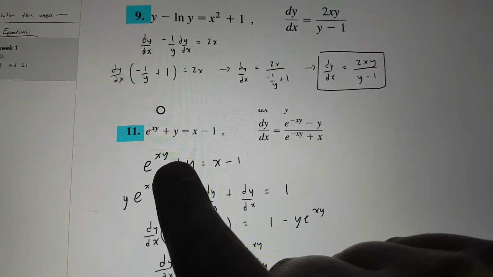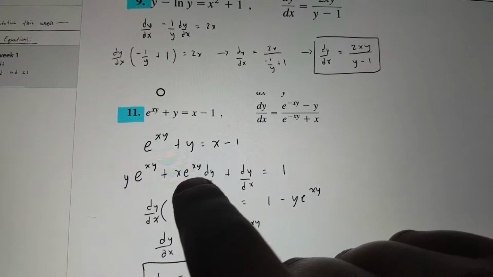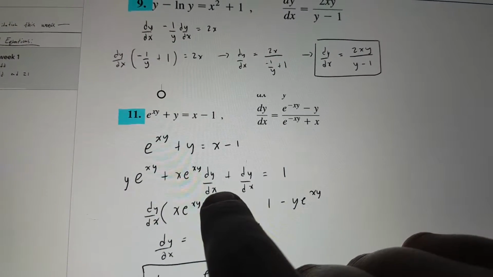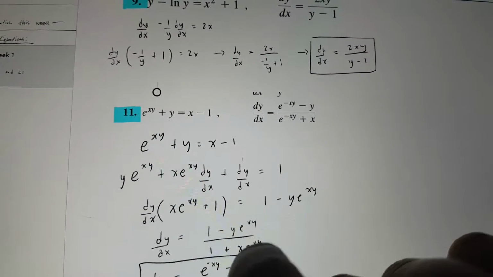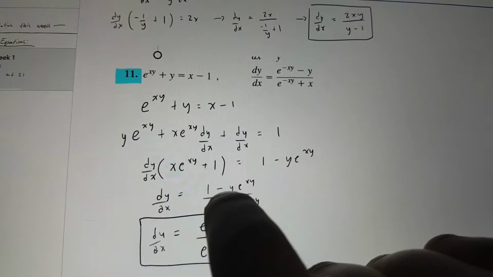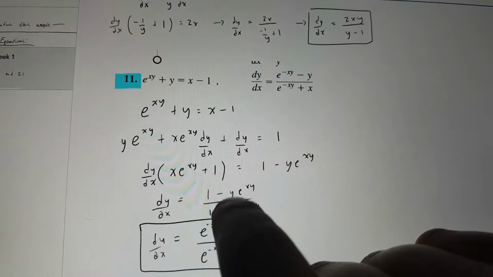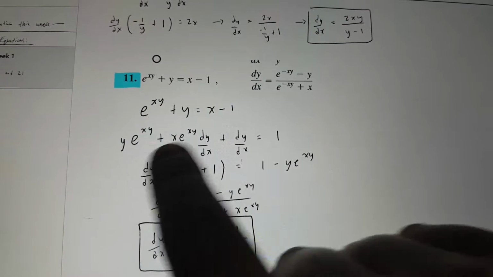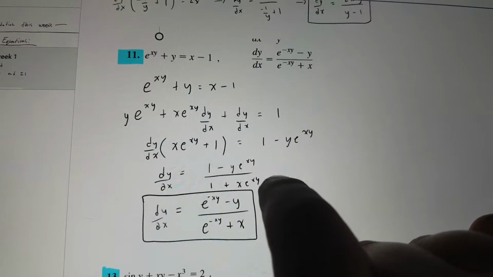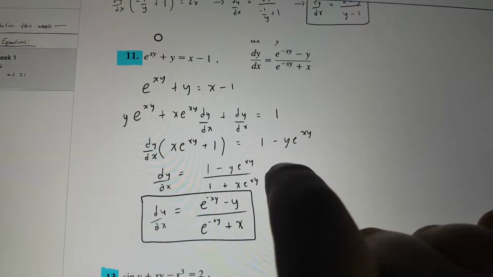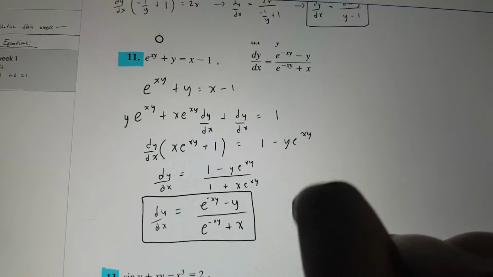So this one here, that's e to the xy, so that's going to be y e to the xy, and then x e to the xy dy/dx plus dy/dx, and then this one just goes to 1, and then we'll take this dy/dx and factor it out, and we moved, what did we move? We moved that over to here, and then dy/dx is this, and if we multiply the top and bottom by e to the negative xy, we're going to get this one here, which is what we wanted.